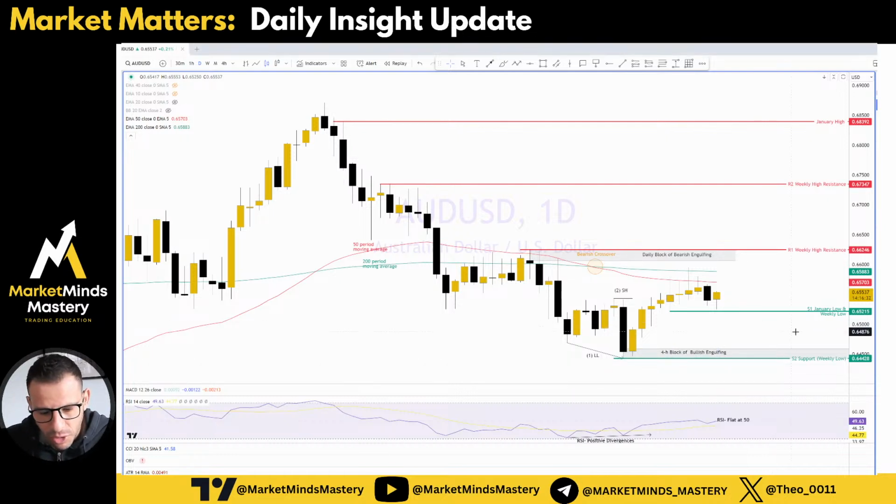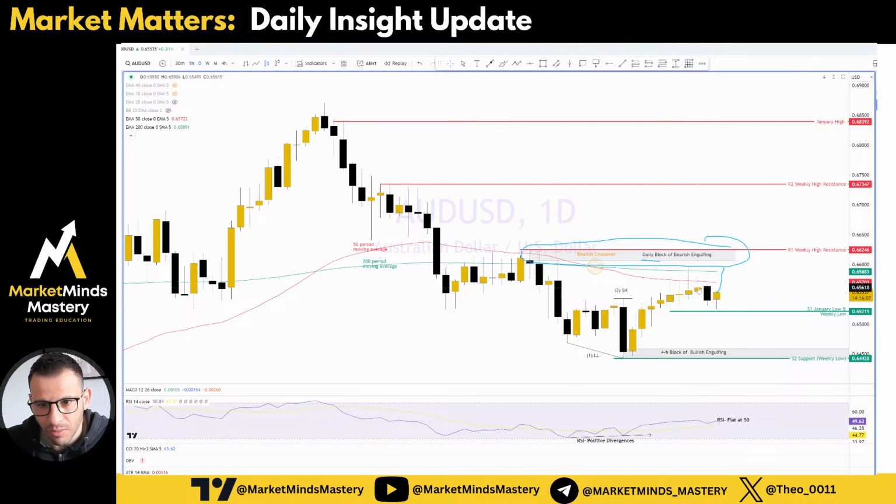Usually I like to use them as price filters in my trading analysis. So if the price continues to move upward, I'm more interested to sell at these daily blocks of bearish engulfing candles here.